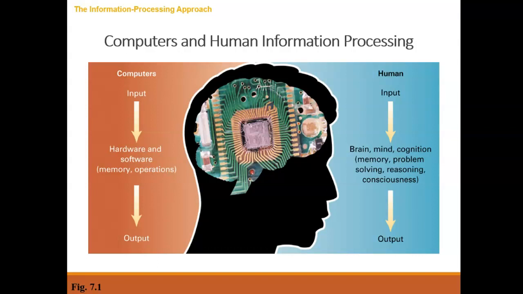For us, that hardware and software would be our brain, our mind, our cognition processes, such as our problem-solving processes and things like that, how much we're aware of things. And so that information comes into our mind or into the computer, we do stuff with it, and then we can generate output based on that information.